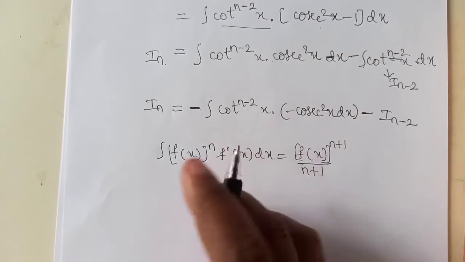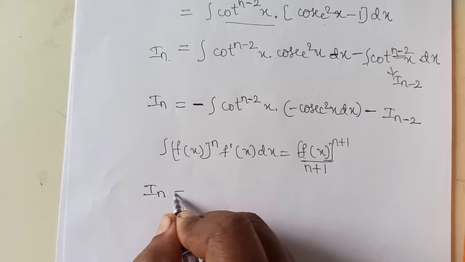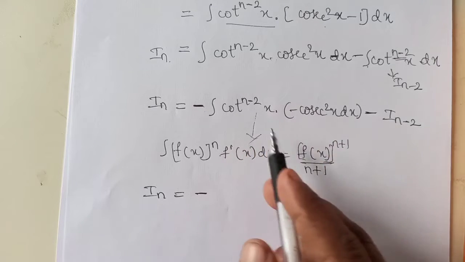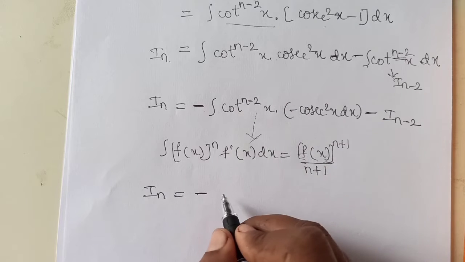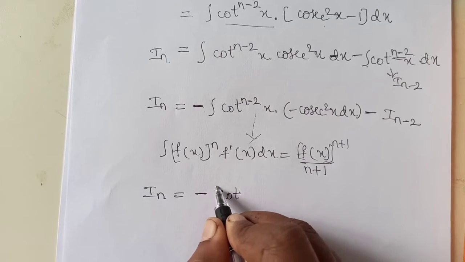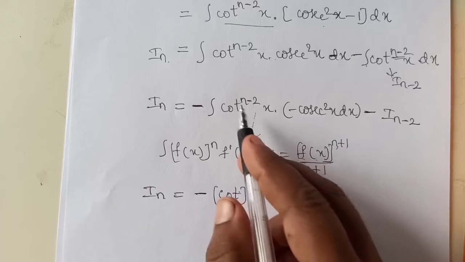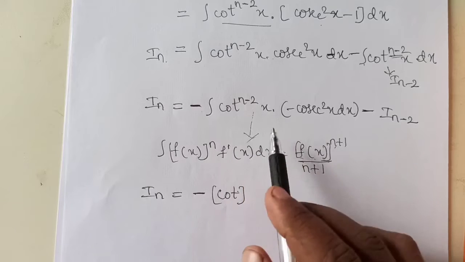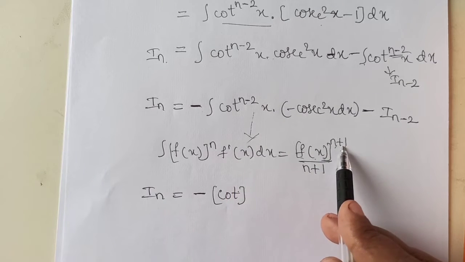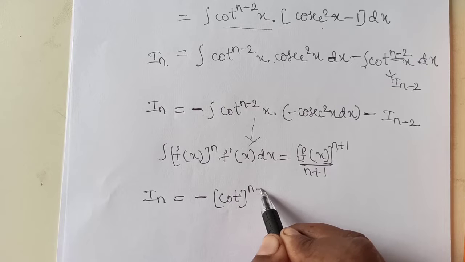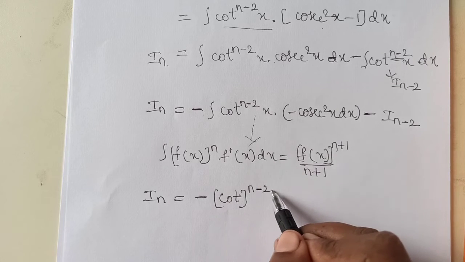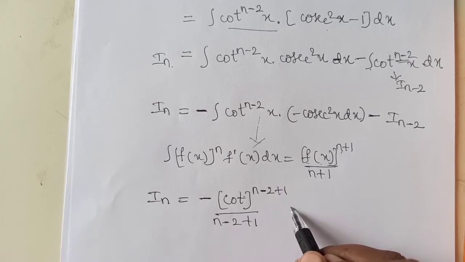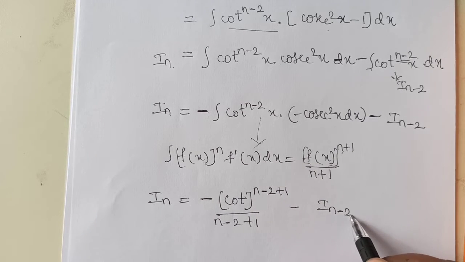Now using this formula we get I_n equals minus, now it is in this form. Here f(x) means we have cot x, and the power n plus 1, already n minus 2 is there, so substituting, n minus 2 plus 1, denominator n minus 2 plus 1, minus I_(n-2).